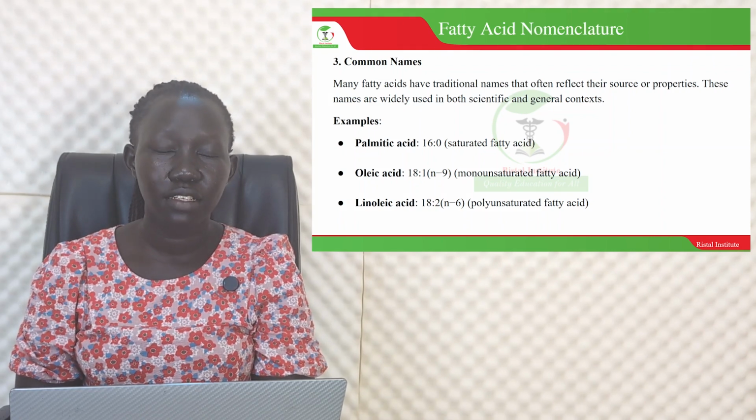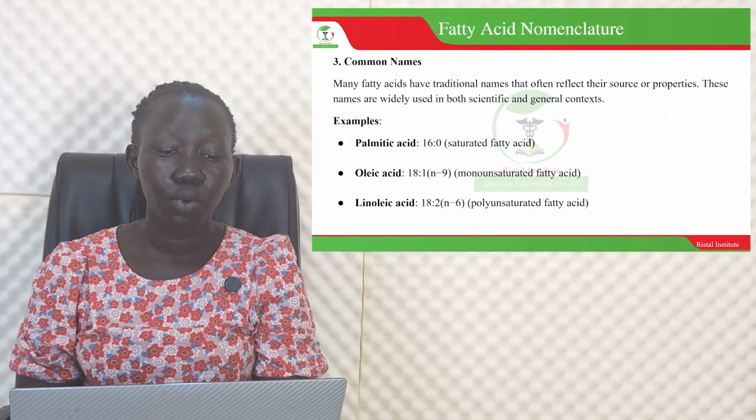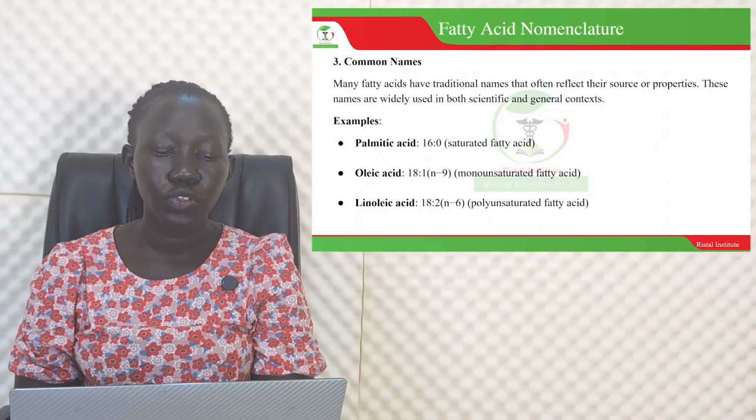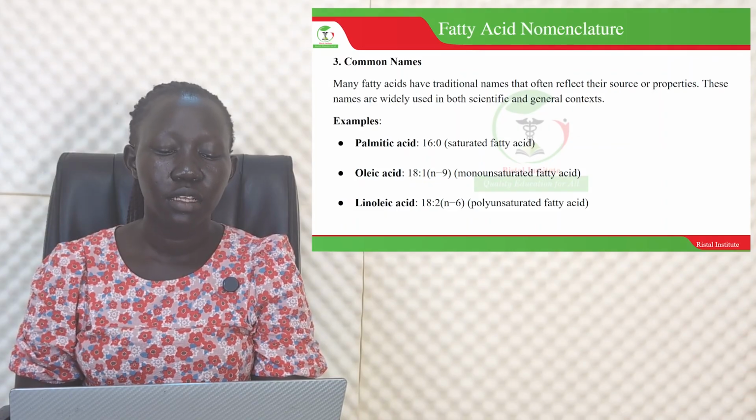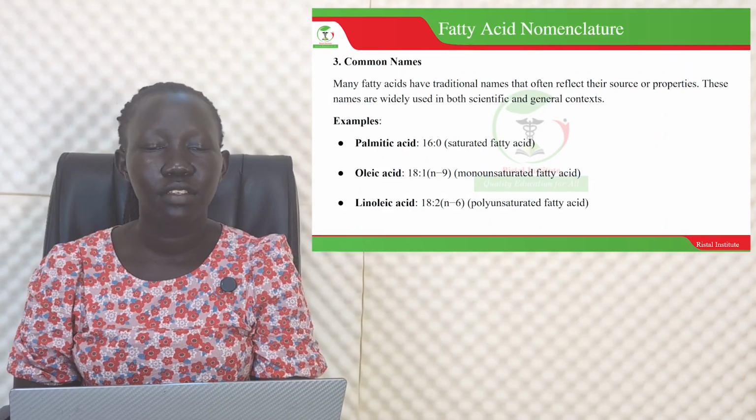Oleic acid has 18 carbon atoms, 1 double bond occurring at carbon atom number 9, and this is a monounsaturated fatty acid. Linoleic acid has 18 carbon atoms, 2 double bonds, and the first occurs at carbon number 6, and this is a polyunsaturated fatty acid.